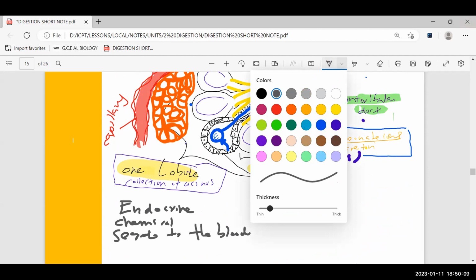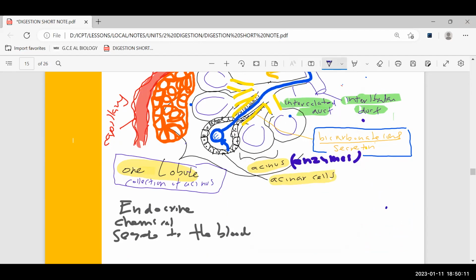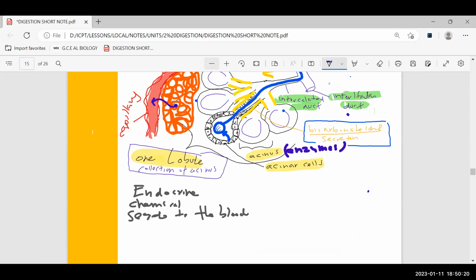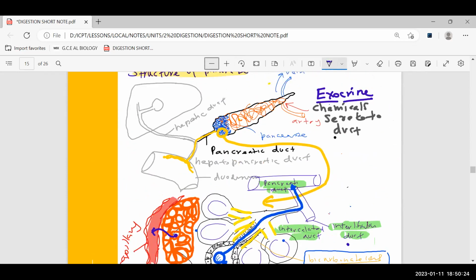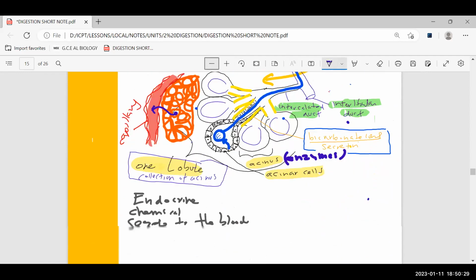So I'm going to draw it here. If this is the chemical, this chemical is secreted into the blood. So understand the difference between endocrine and exocrine. Exocrine chemicals, for example enzymes secreted into the duodenum, is exocrine.